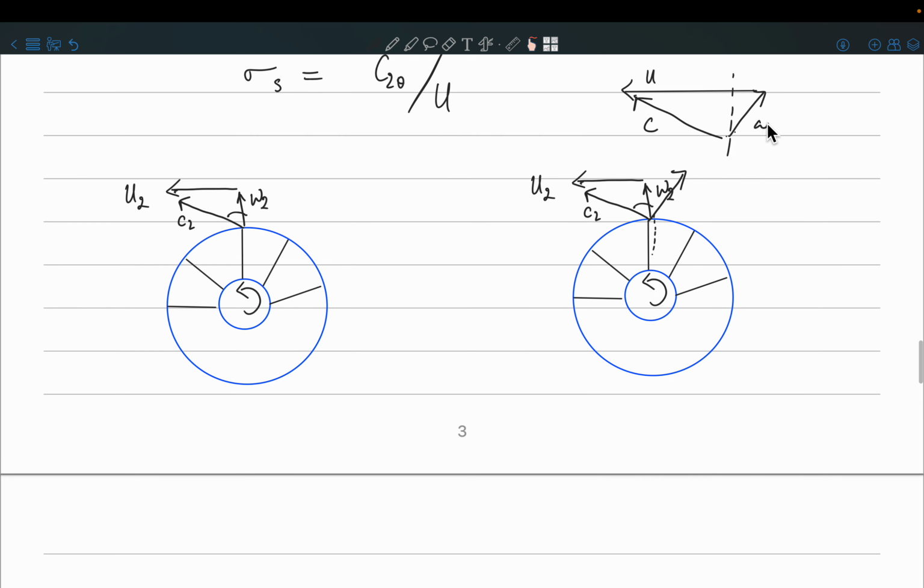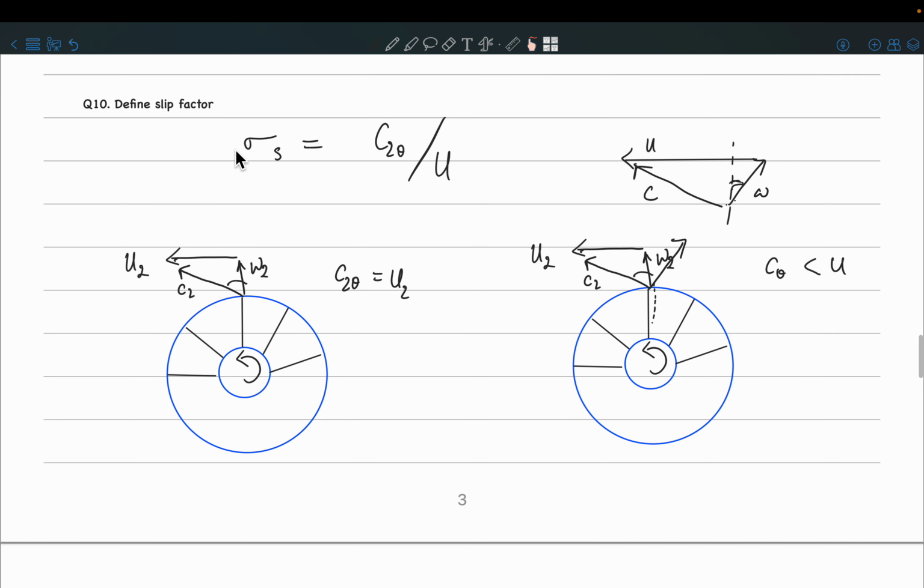Now in the ideal situation, c2 theta was supposed to be equal to u2, but here you will find that c theta is actually less than u. To quantify this slip, this change in direction, we define the slip factor. I hope the definition is clear along with this picture.